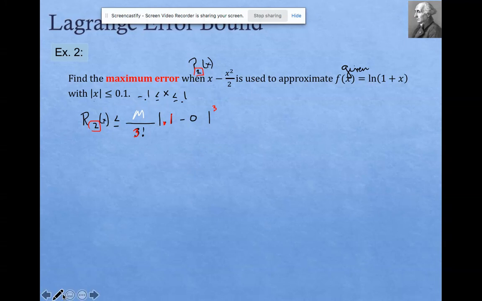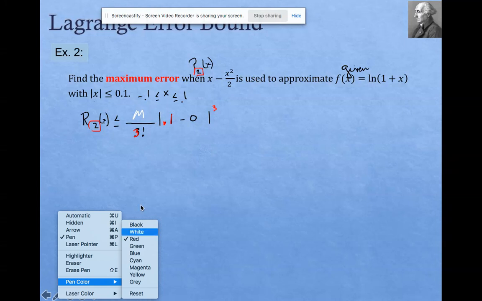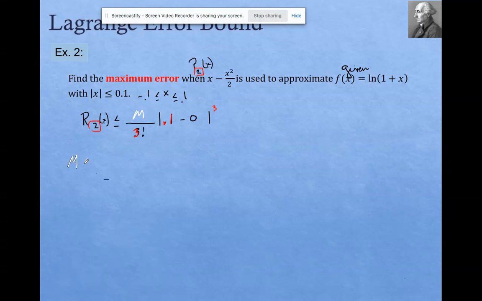So my job now is to find my M, that white M. That M is the maximum of the next derivative evaluated at some c that I don't know, but I'm just going to look at the function, the third derivative, and look at it on the interval that I'm asked to approximate with.